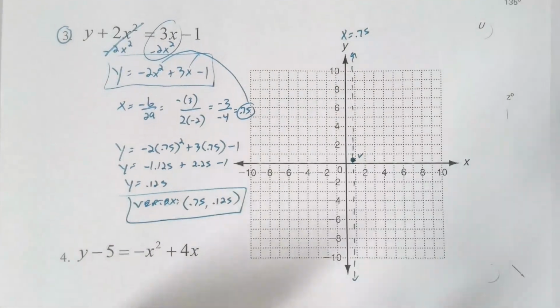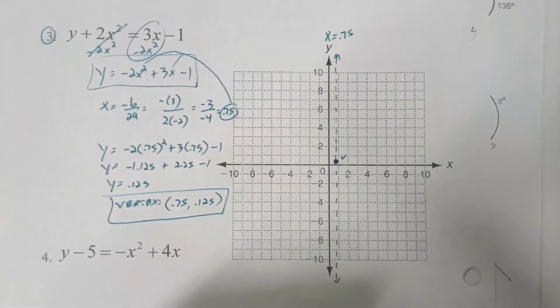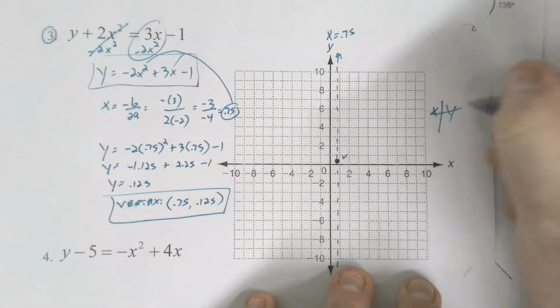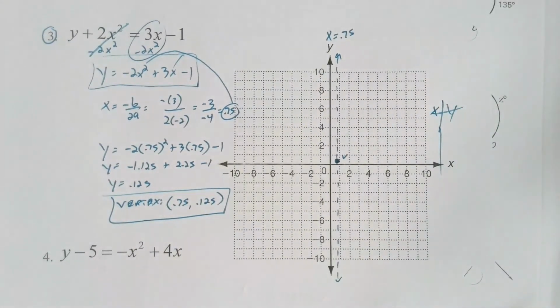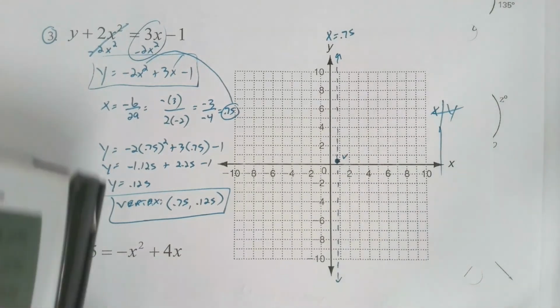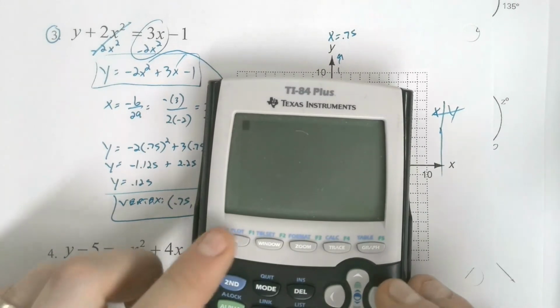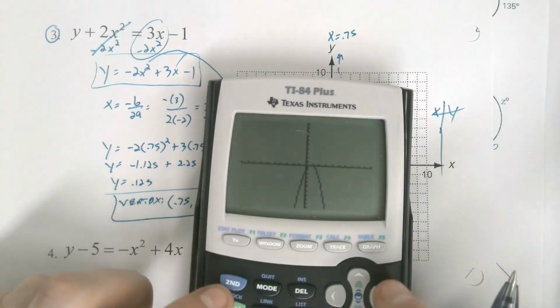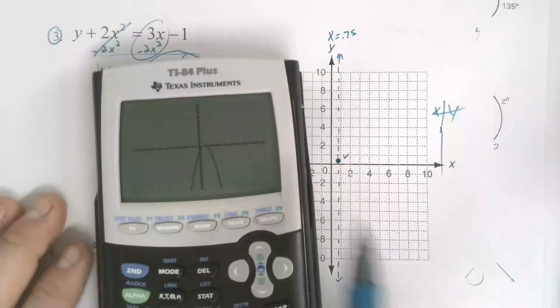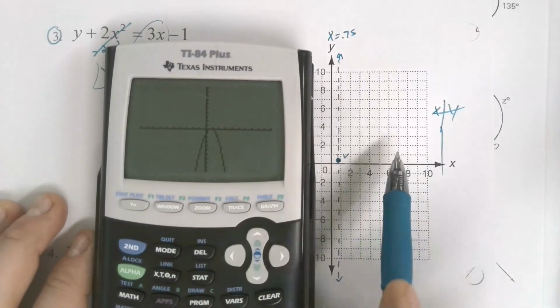Okay? And then all we do is create a little table to get the other points. Okay? So from our graphing calculator, I want to show you guys where those points are going to come from. What kind of points would I want to plug in, by the way, or look for when I want to sketch this?